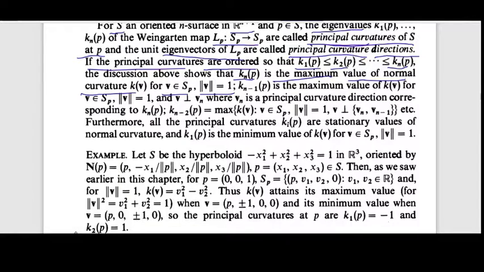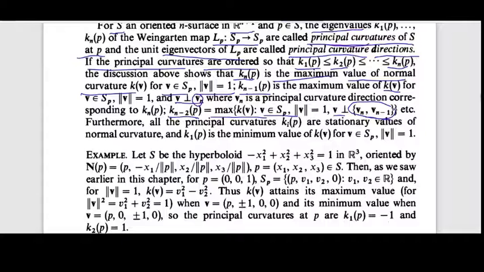Then k(n-1)(p) is the maximum value of k(v) for v in S_p with norm v equal to 1 and v orthogonal to vn, where vn is a principal curvature direction corresponding to kn(p). Similarly k(n-2)(p) is the maximum of k(v) with v orthogonal to vn and v(n-1), and so on.